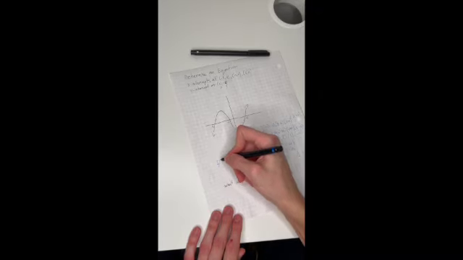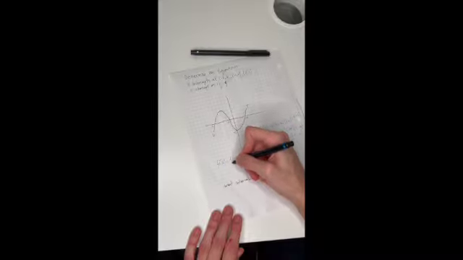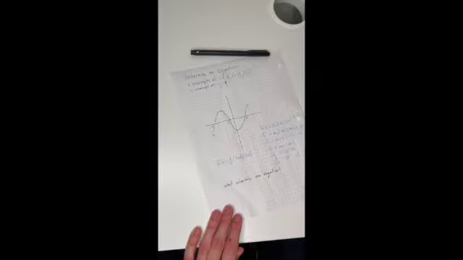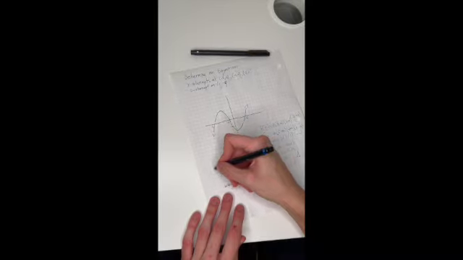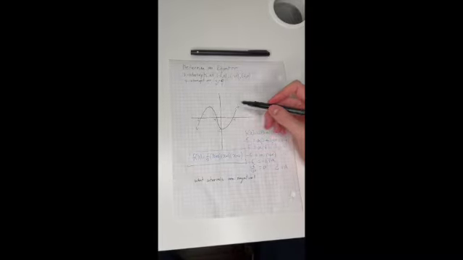So our equation is f of x equals 1 over 4, x plus 6, x plus 1, and x minus 4. Now for this function, what intervals would be negative?